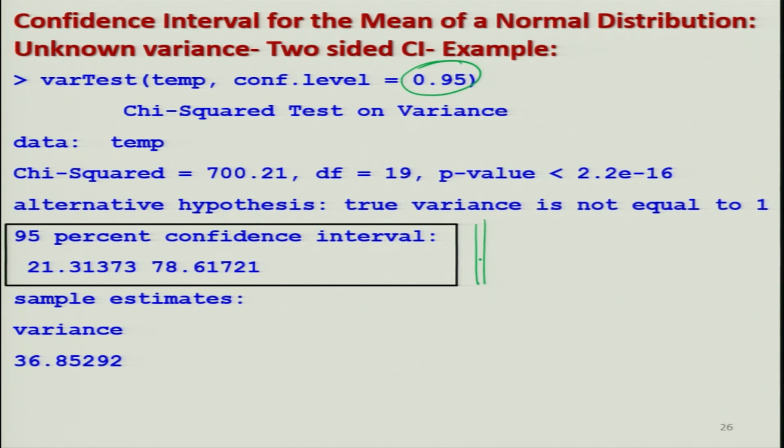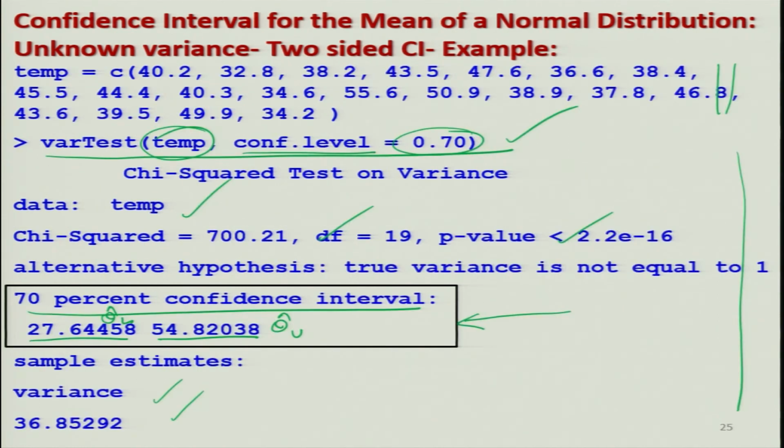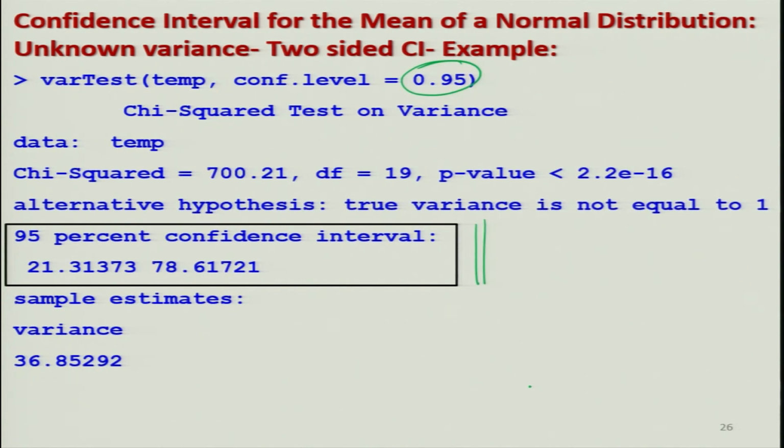But now, can you see what is the difference between the two? Here the confidence interval is from 27 to 54. So, the length of the confidence interval is approximately 54 minus 27, which is equal to 27, and in this case the confidence interval limits are nearly 21 and nearly 78. So, the length of the confidence interval is approximately 78 minus 21.